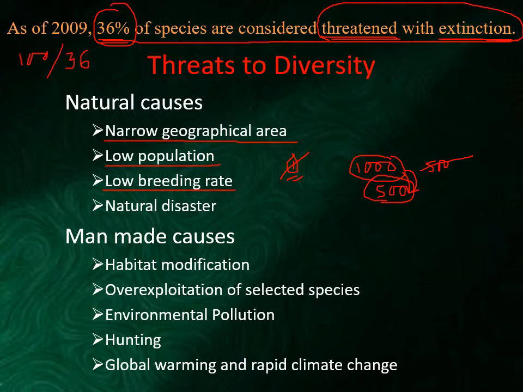And the fourth one is natural disaster. In nature we find that lots of disasters happen, lots of tsunamis, cyclones, tornadoes, and during these natural disasters many life forms suffer death, over which we do not have any control.